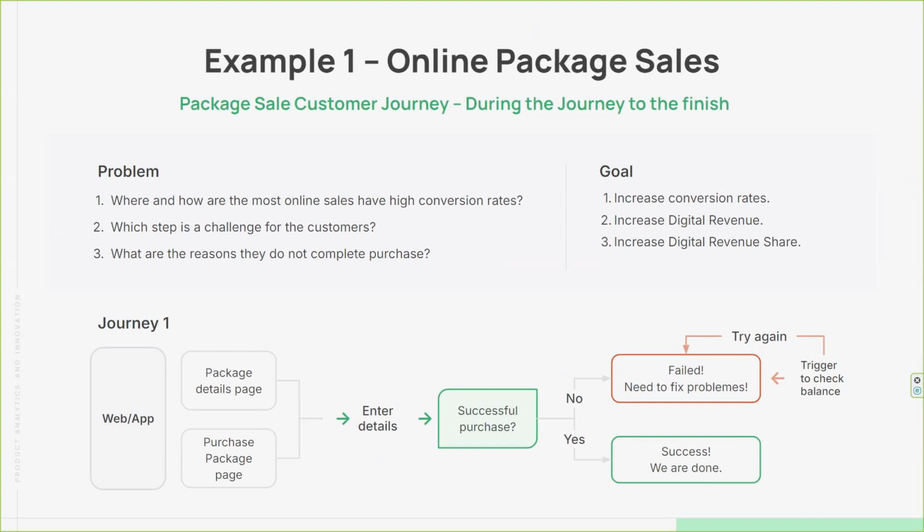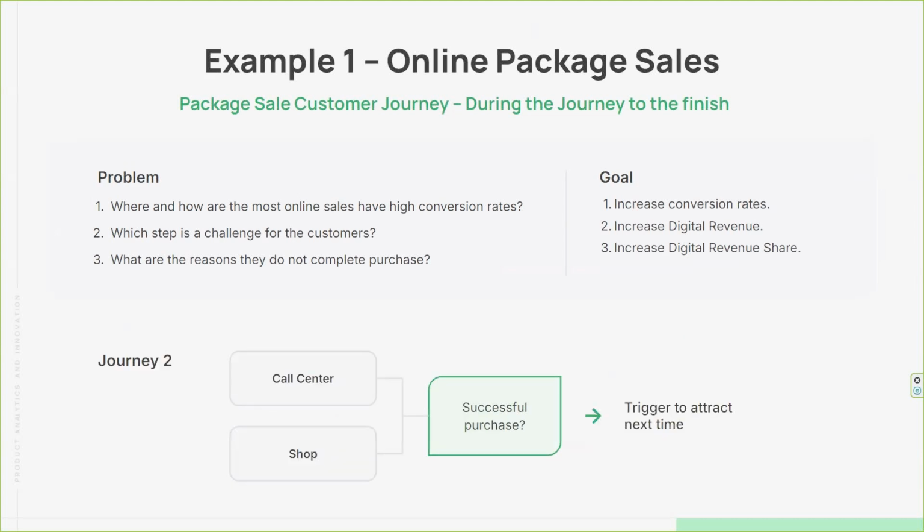If it's successful, great. If not, then we need to look at what are the reasons that they could not complete this process successfully. So we can improve and convince them to come back again, because if they're running into problems in their journey map, then they might not come back to our digital channels. They might go to our call centers.